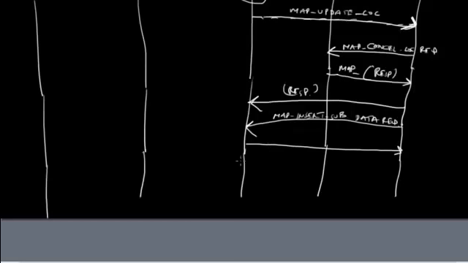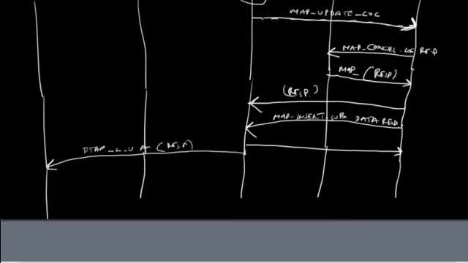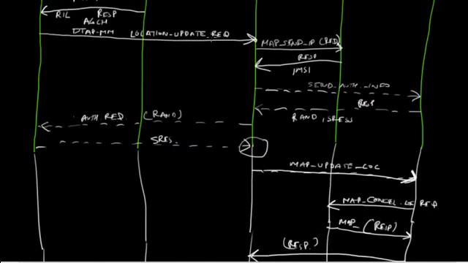At this point, the new MSC VLR will send a DTAP location update accept message. This is a response to the earlier request message by the mobile.